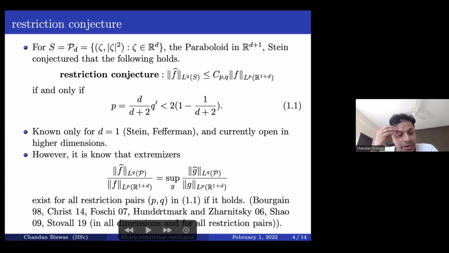And then in 2019, Betsy Stovall proved that an extremizer exists in all dimensions and for all restriction pairs of this form, if we assume the restriction conjecture. So we do not know whether the restriction conjecture is true, but if we assume that it is true, then for every pair p, q, there is an extremizer.